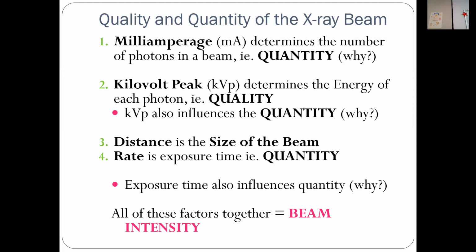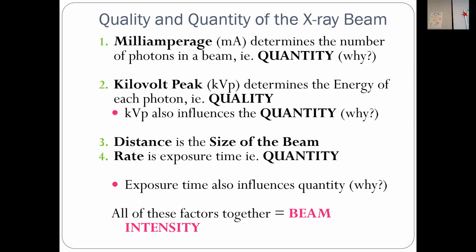So that might help at least that piece kind of stick in your head. KL, and that's alphabetical, right? A, B, C, D, F, G, K, L, M, N, O, P, Q, R, S. So if you remember that little segment of the alphabet, KLMN: kilovoltage, quality, MA, quantity.